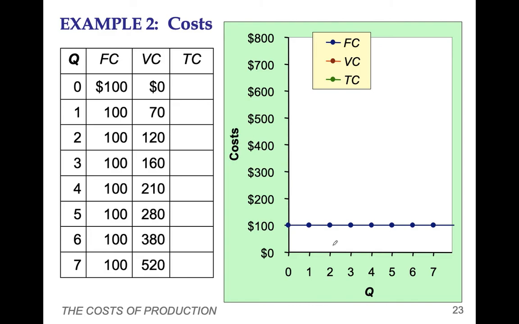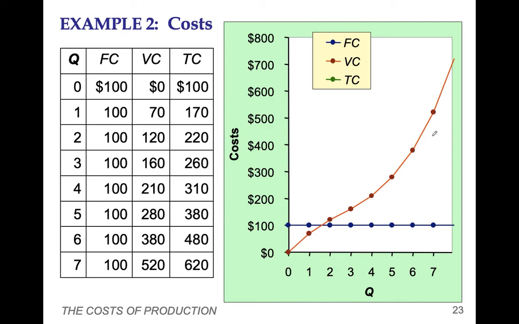The variable costs, here we have data of variable costs. You see as the quantity of units increases, the variable costs increase. So they vary with respect to Q. And when we draw this curve, we get this form, in orange color. Total cost is the sum of both. Drawing the total cost gives us this curve in green color.